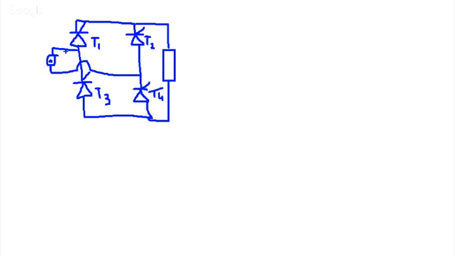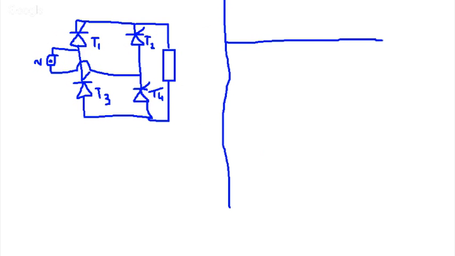Okay, so the input you are giving here is, as I already told you, an AC supply. So first of all, we want an AC supply, because that is the input we give. So let us draw here an AC. Okay, so we have drawn here an AC supply.